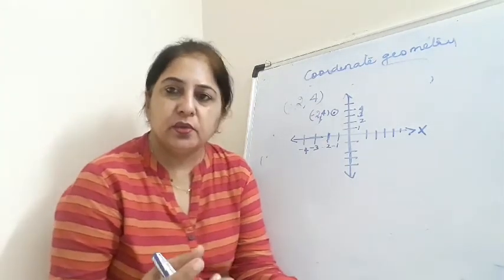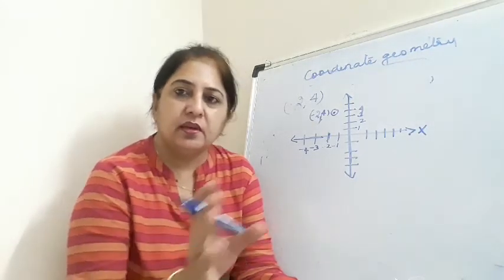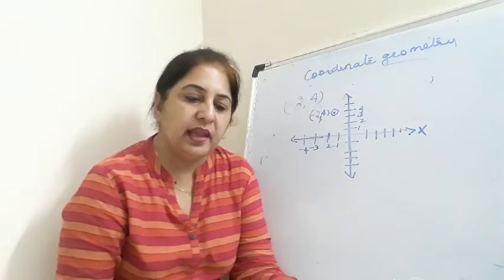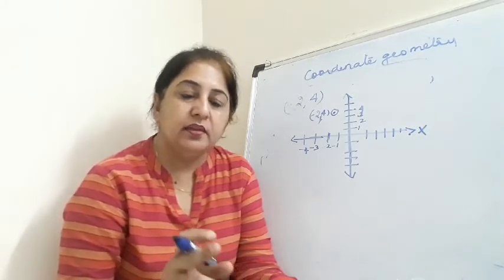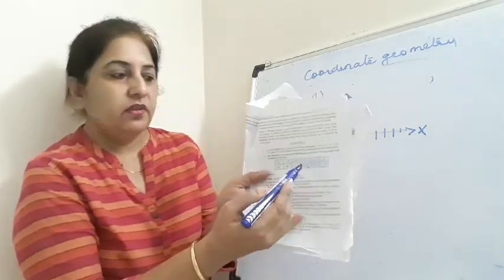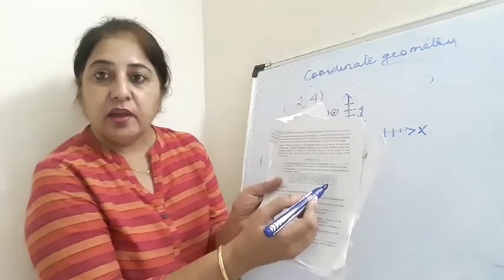Then in the next question they are asking you that you have to plot the points choosing a convenient scale. Now -1, -2, -1, x, 1, 0, 1 and 3. Okay. So these are the points which are given. These are the points which are given for x coordinate and these are the points which are given for y coordinate.